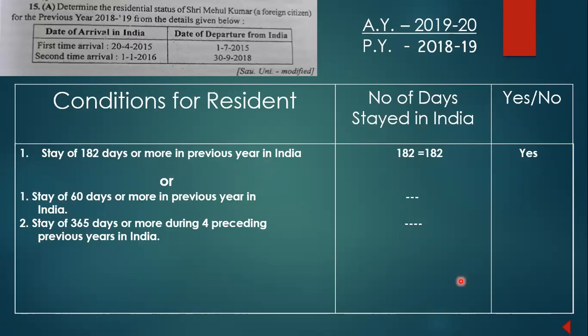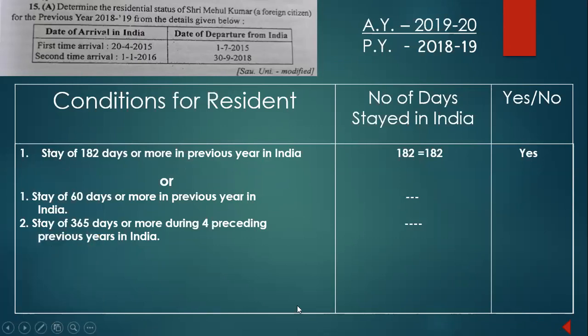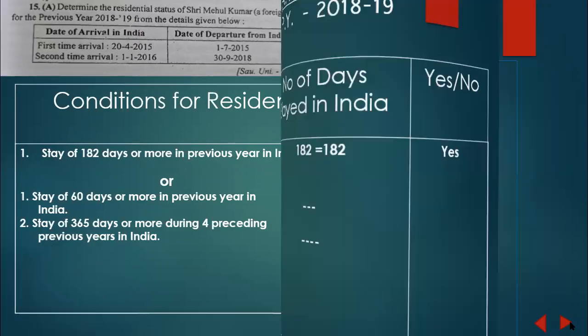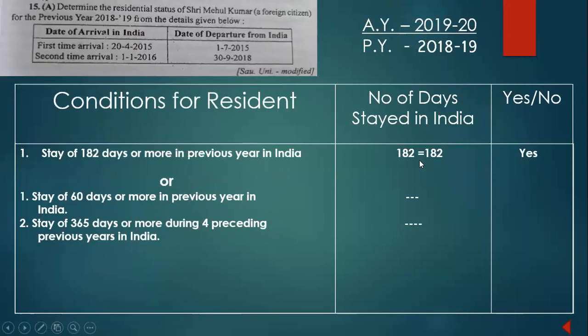Okay, so now let's have a look at how many days he stayed in India. In 2018-19, he has stayed for 182 days. So we can easily write down 182 days, and that is equal to 182. So this condition is fulfilled.